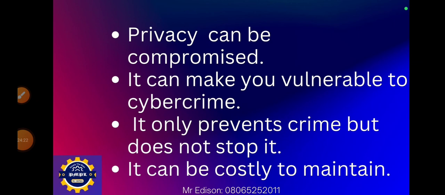It shouldn't be a standalone system unless you are sure you are operating in a local area. So when you have CCTV, you have a dog, you have a security guard, then you are sure that crime can be stopped. But without this, you cannot stop the crime. It will keep records, but it will not stop the crime.